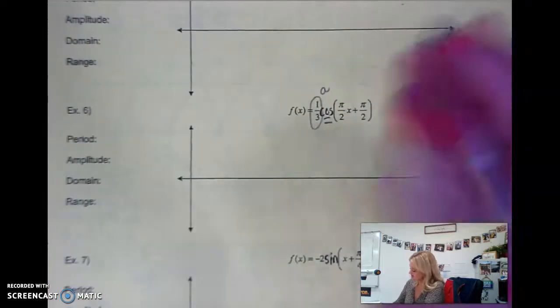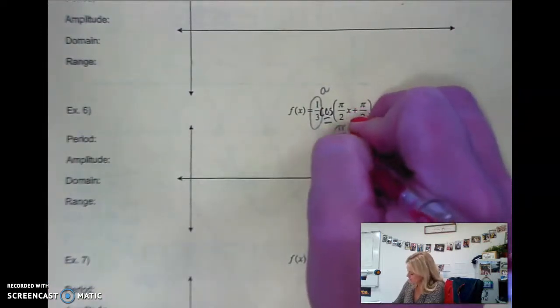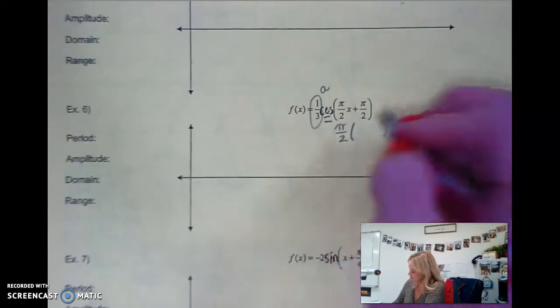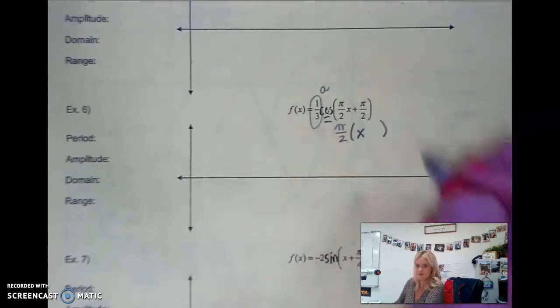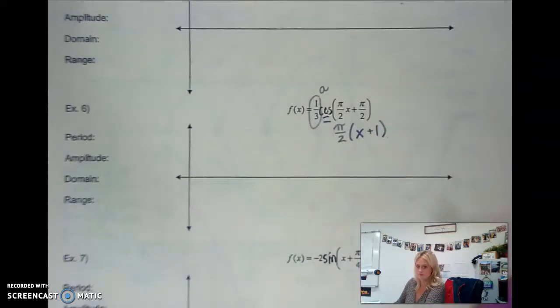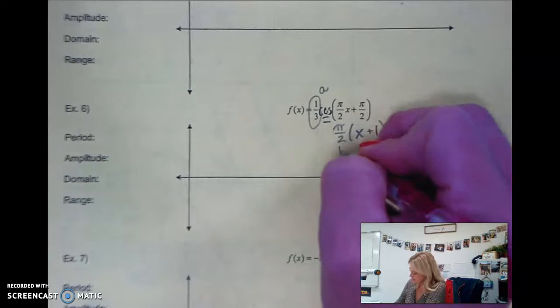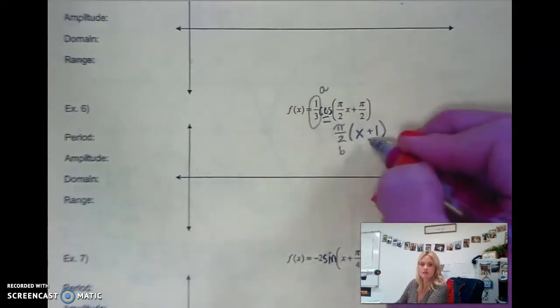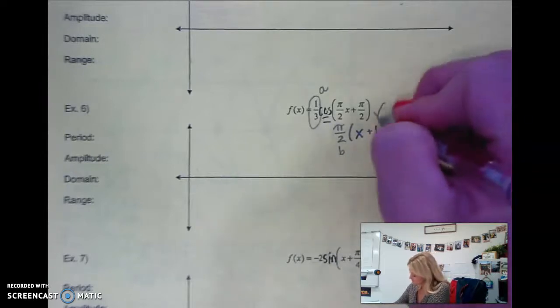So when I factor out that half a pi, now think about the distributive property. Half a pi times what gives me a half a pi x? Half a pi times what gives me a 1. So B is a half a pi. C is going to the left 1.